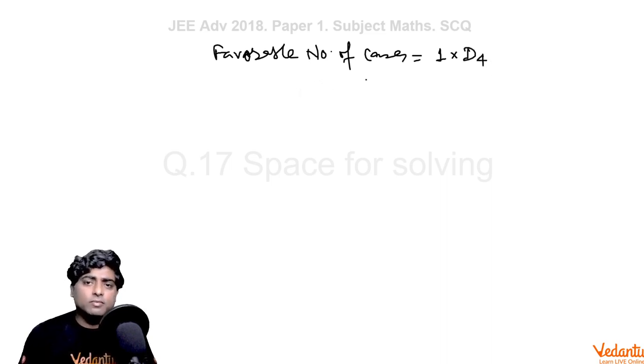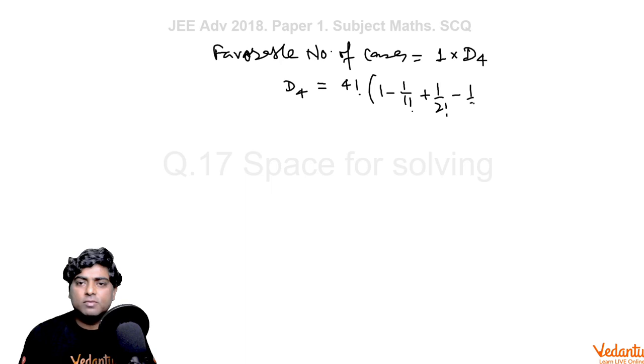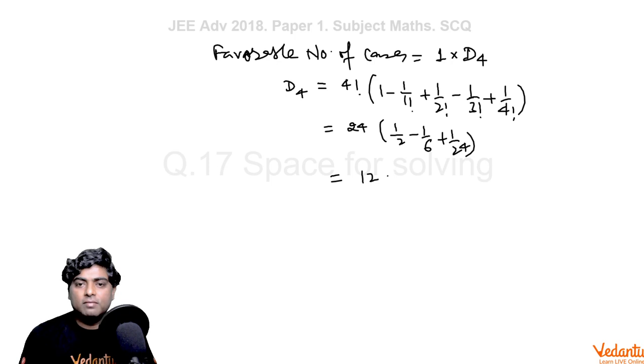And what is value of D4? There is a formula for Dn. D4 is 4 factorial into 1 minus 1 by 1 factorial plus 1 by 2 factorial minus 1 by 3 factorial plus 1 by 4 factorial. So it is nothing but 24 into 1 by 2 minus 1 by 6 plus 1 by 24, that is 12 minus 4 plus 1, and that is 9.